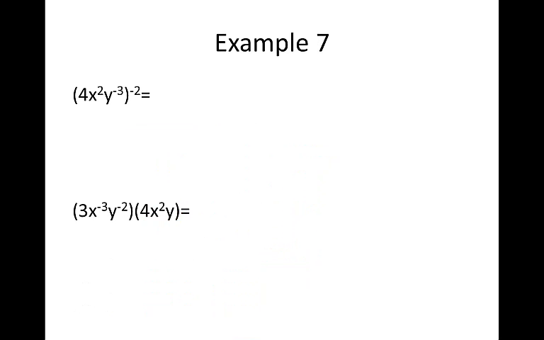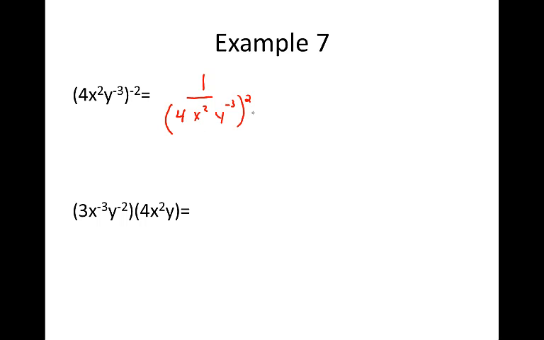Example 7. See if you can do these two. We're stepping it up a little bit. Okay, a couple of different ways we can go here. We can apply this negative 2 onto these, or we can just go ahead and reciprocate it. Let's reciprocate it. So 1 over 4x squared y to the negative 3, squared.